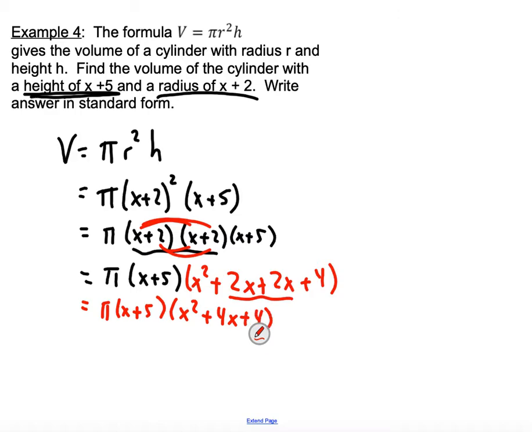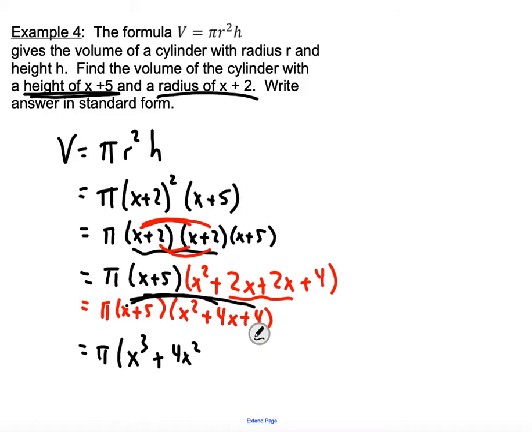All right, we still have to multiply that. So let's take our x and distribute it through. X times x squared there is x to the third. X times 4x is 4x squared.